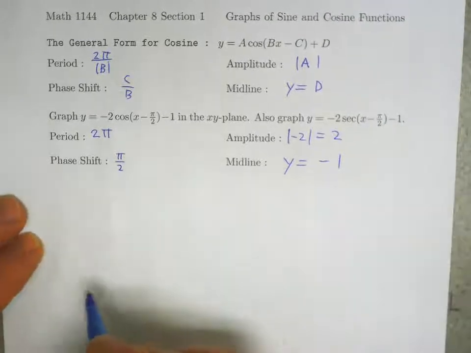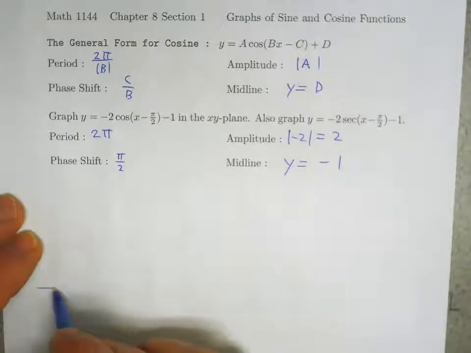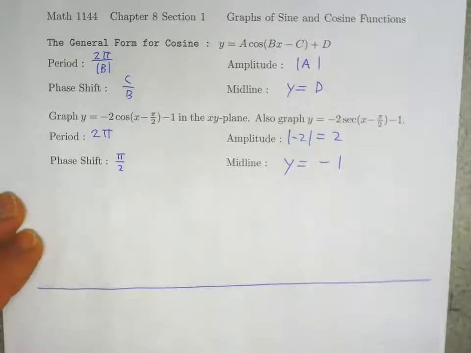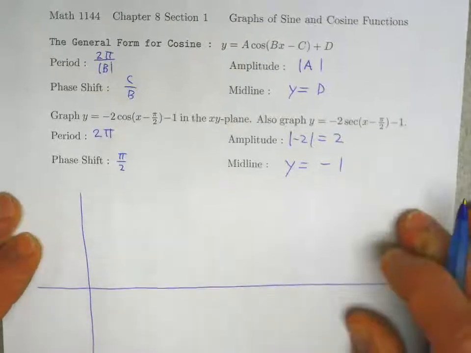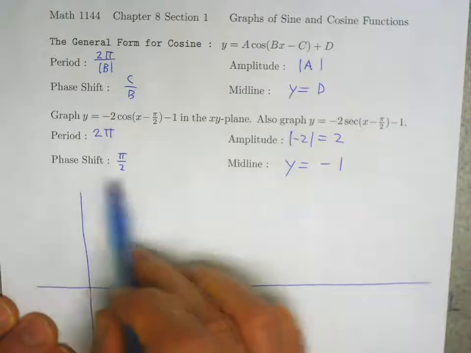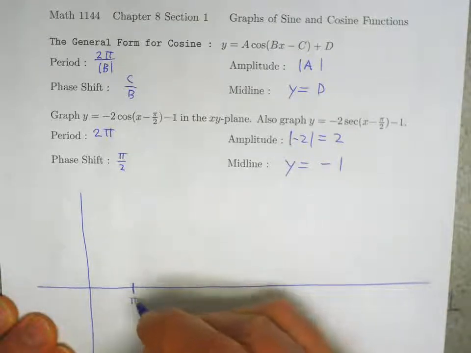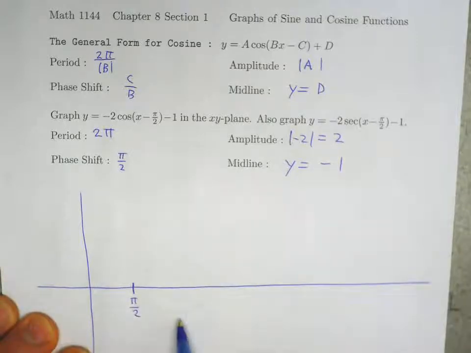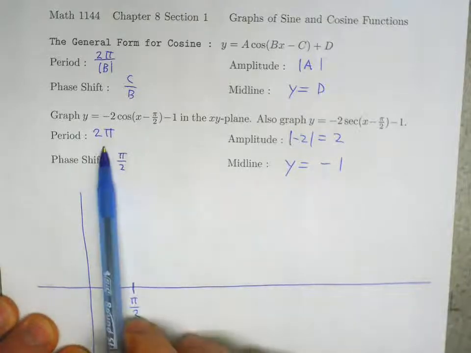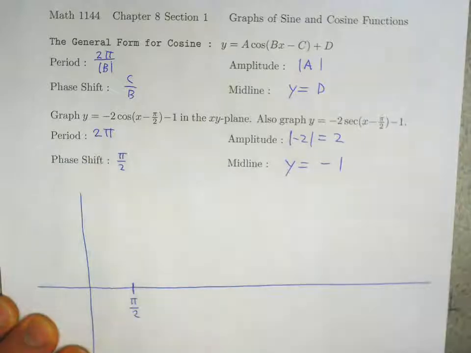Okay, so let's get started. So the phase shift, pi over 2 to the right. So we're going to start at pi over 2. And then since the period is 2 pi, we'll divide one period into 4 equal parts.